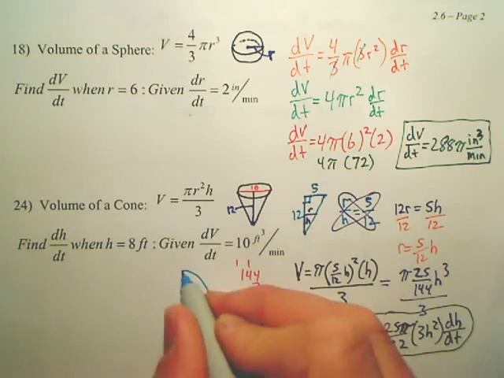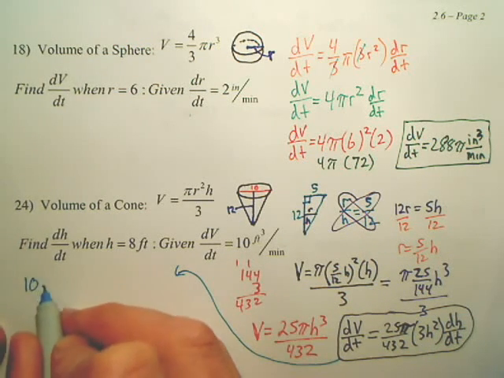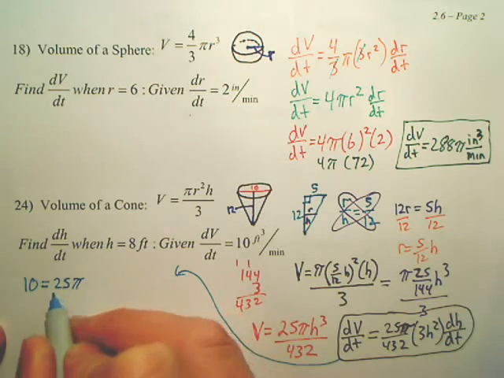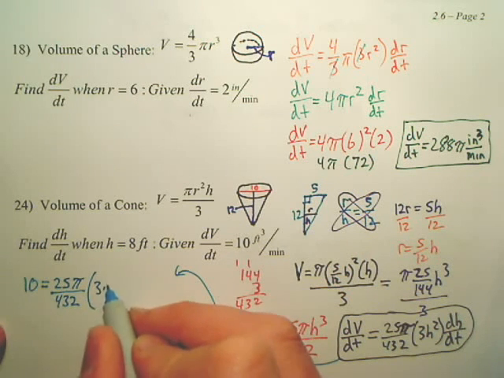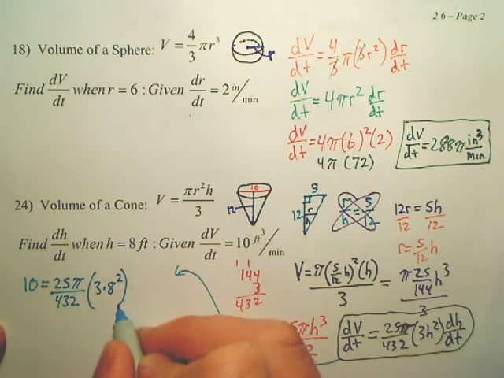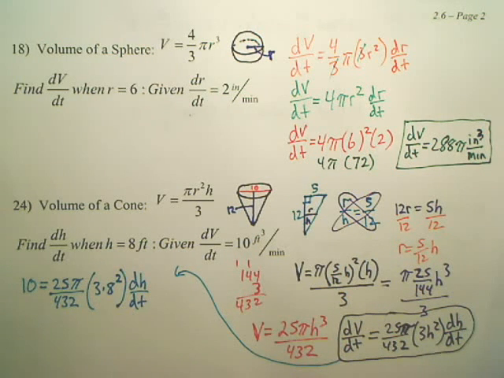So we're taking this now, coming up here. It looks like dV/dt is 10. I have 25 pi over 432. I have 3 times 8 squared. And I have dh/dt. Okay. If I solve that, I'm getting some big numbers, and I don't have a calculator on me.